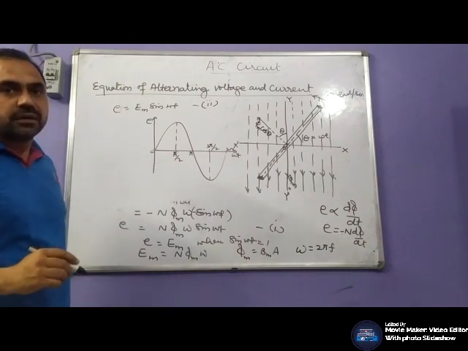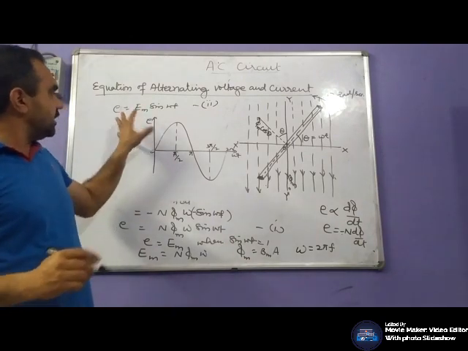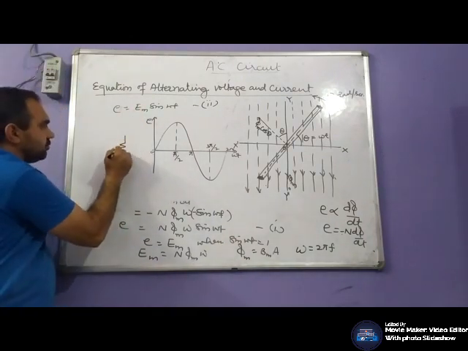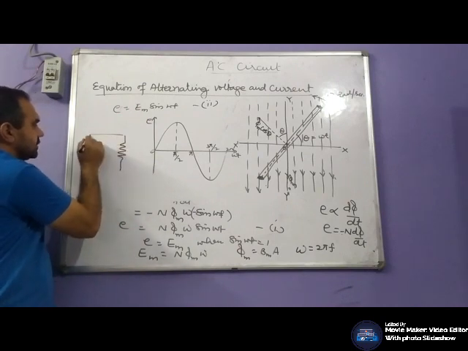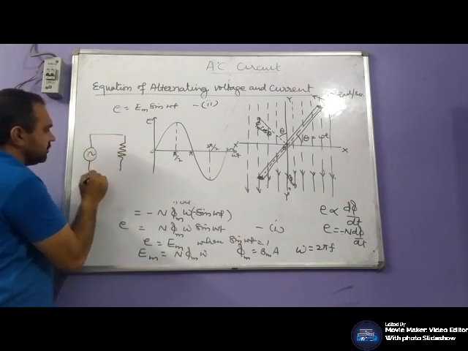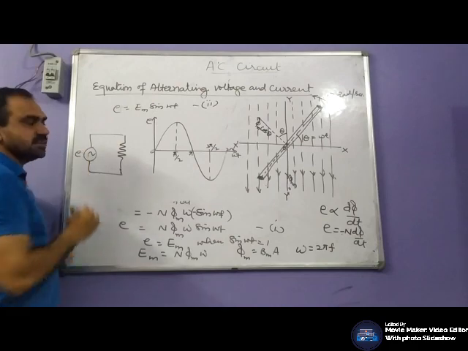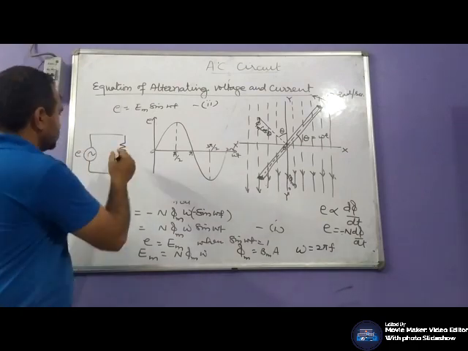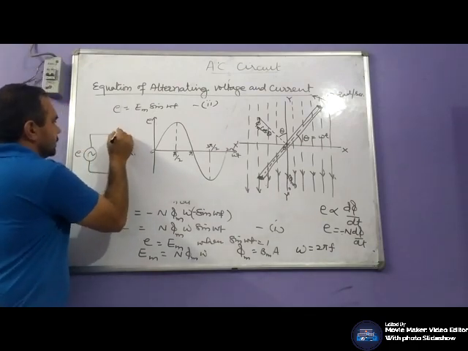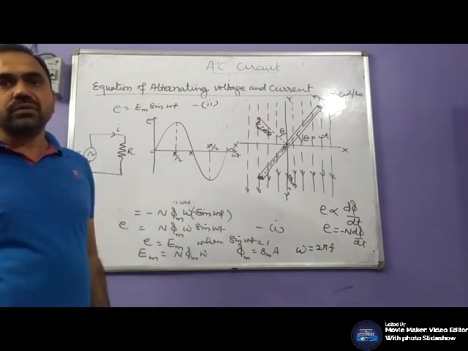Now, when this alternating voltage is applied to a pure resistance, current I would flow.